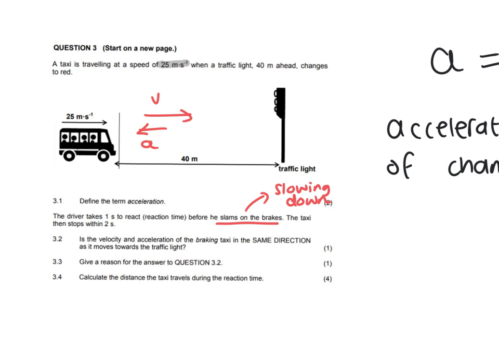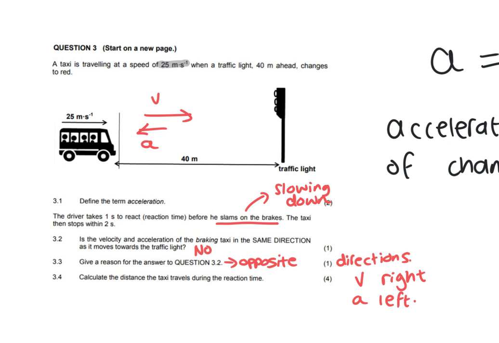And the only way to decrease your speed is if your acceleration and your velocity are in different directions. So the answer to this, is the velocity in the same direction? The answer is no. And the reason is that they are in opposite directions. Okay? In other words, you could have said that the V is right and the acceleration is acting left.